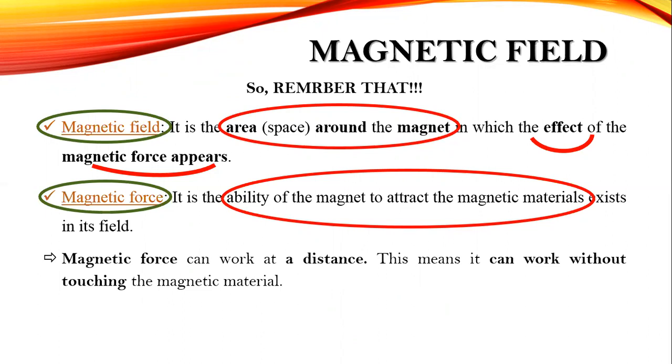Do you know that magnetic force or magnetism can work at a distance? Yes, magnetism can work at a distance. Magnetism can work without touching the magnetic material. In other words, if you place a magnet near a magnetic material without touching each other, the magnet will attract the object due to magnetism.